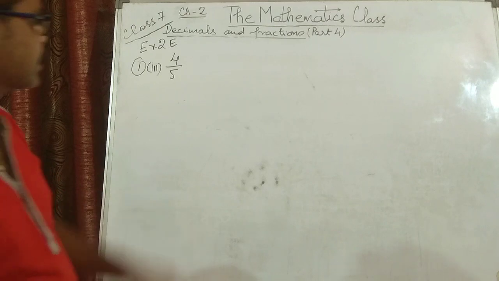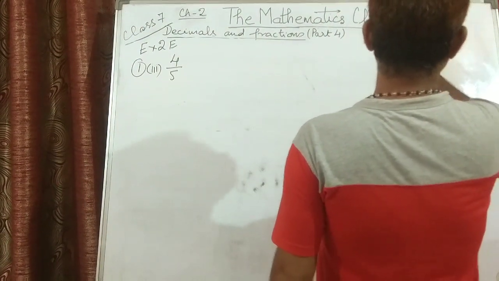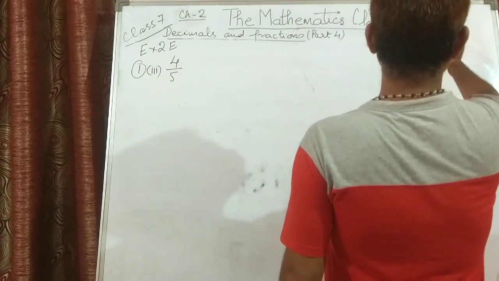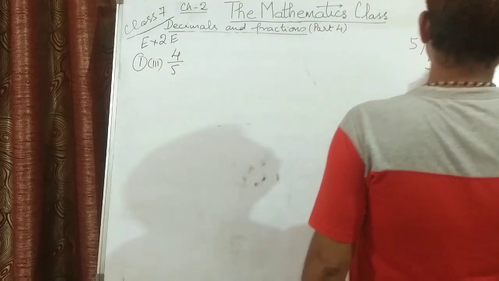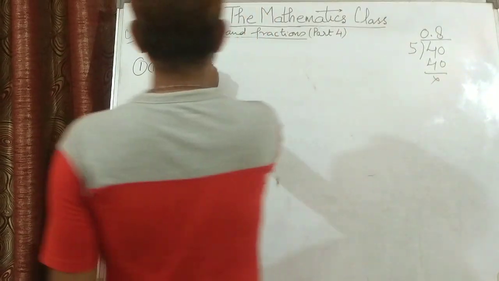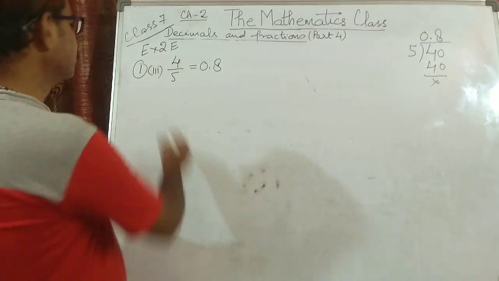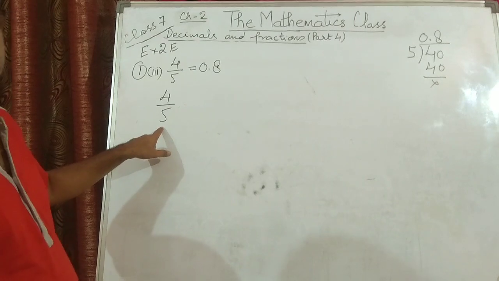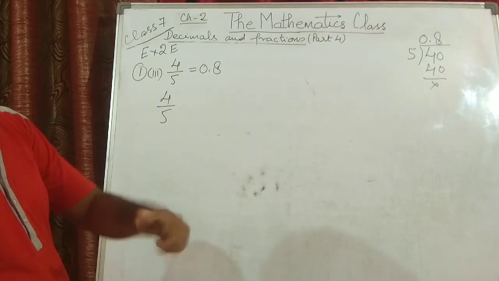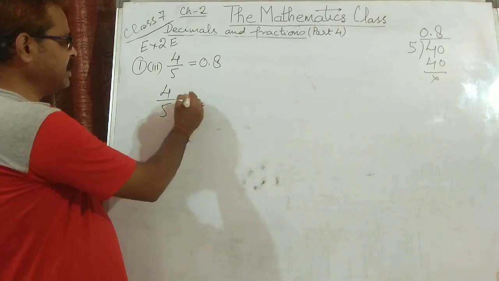Now there are two ways. Either you divide 4 by 5. So put a decimal, then 0, and 5 eights are 40. So it is 0.8. Or what you can do, you can also convert the denominator into a power of 10. Suppose the very smallest power of 10 will be 10.